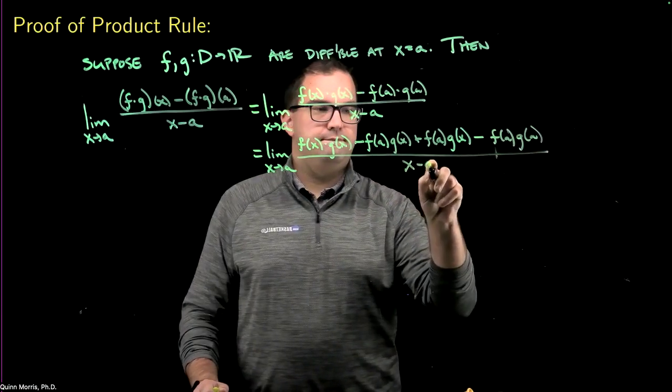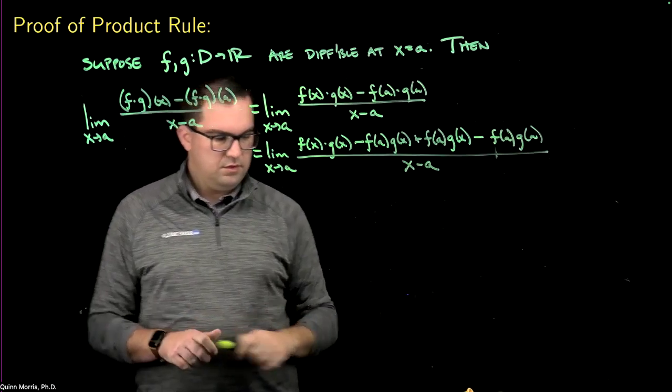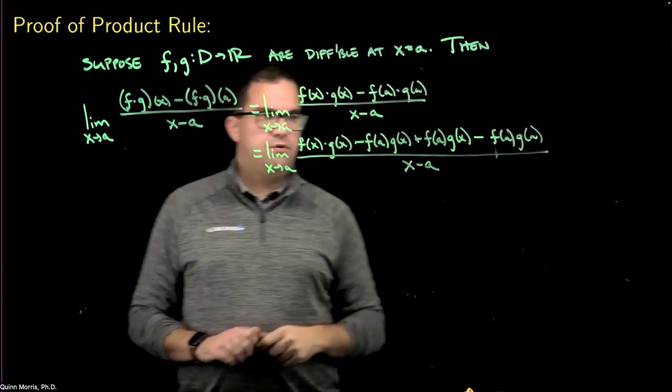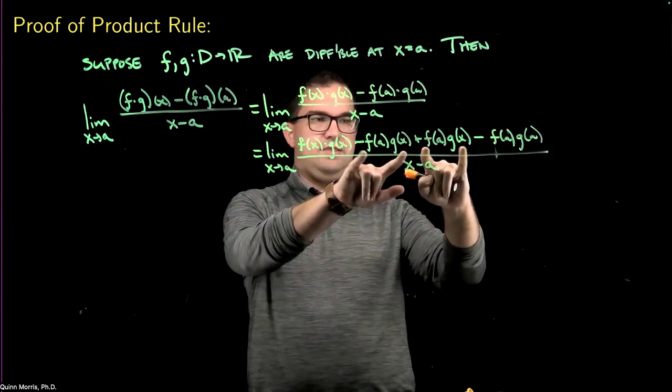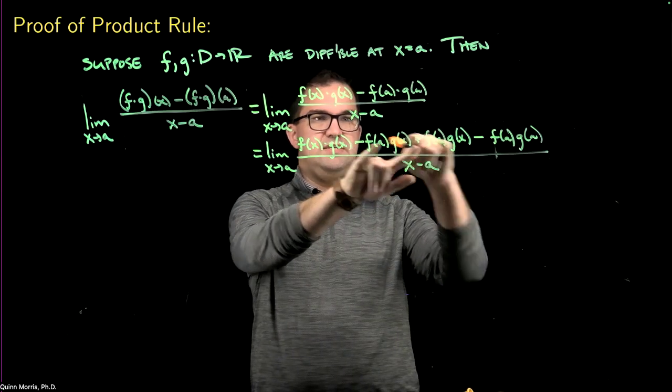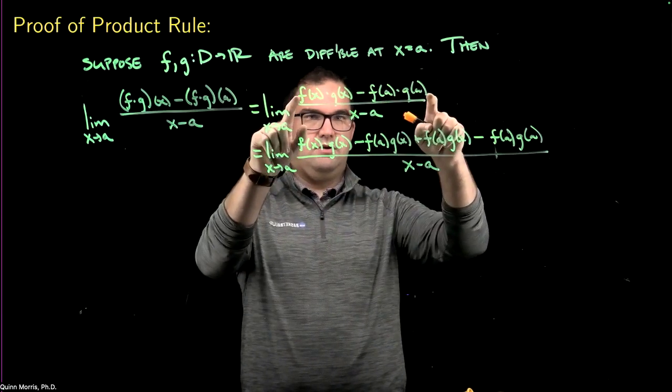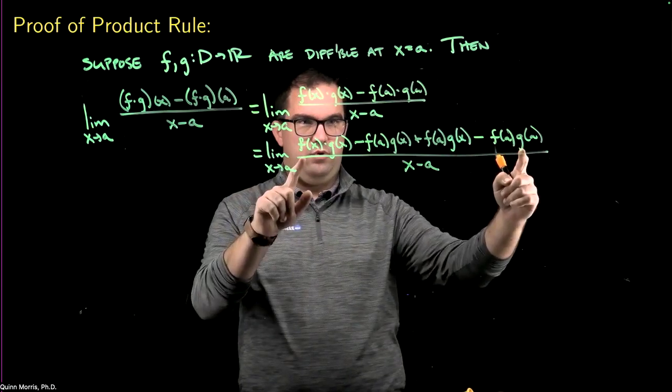Okay. So now what I want you to notice here, first of all, is that if I were to look at these two terms, they would sum to zero and I'd get back to here. So these two expressions really are equal.